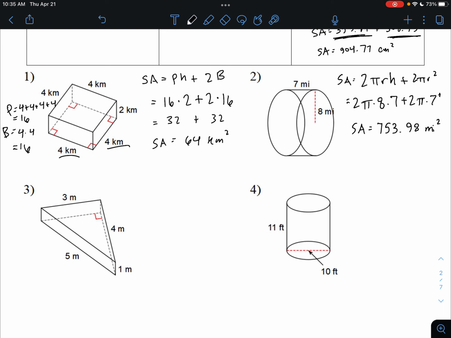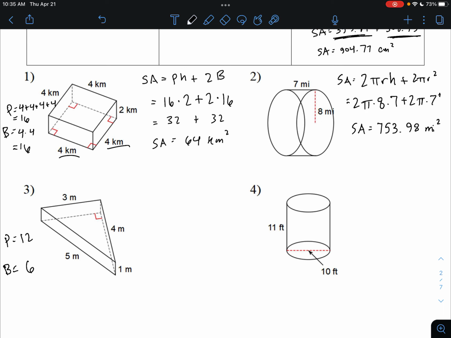So on question 3, we should have found that our perimeter was 12. 3 plus 4 plus 5 gives us a perimeter of 12. Our area of our base, remember this is a triangular prism, so our base area is 1/2 base times height. 1/2 times 3 times 4, which is 6.